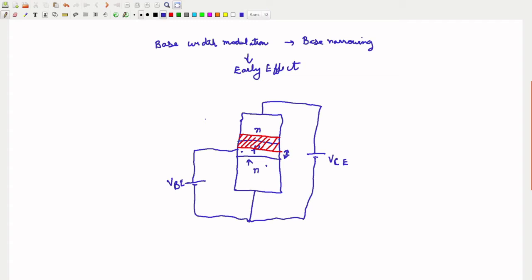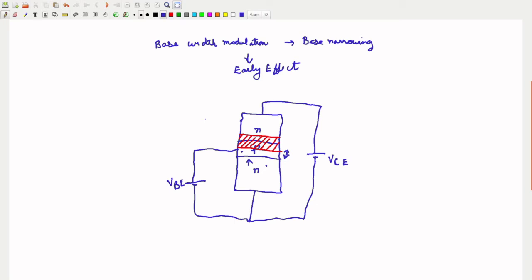So the recombination at the base will be minimum, and more electrons from the emitter will reach the collector. This is known as the base width modulation or early effect.